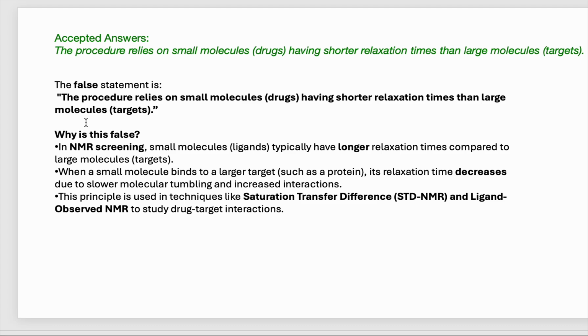When a small molecule binds to a larger target, its relaxation time decreases, due to the slower molecular tumbling and increased interaction. So the principles used with this technique are STD NMR, saturation transfer difference, and ligand observed NMR. These are used to study drug target interaction.